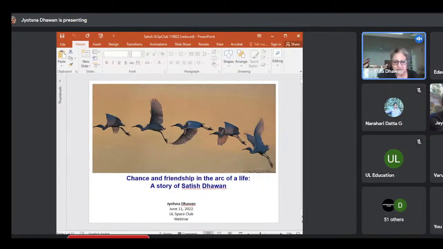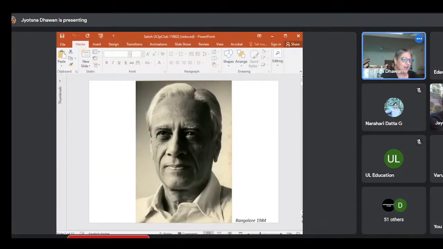So let me tell you this story of Satish. Why do I call him Satish and not Pitaji or some other honorific name? My father actually always signed his letters with his first name. So when we were old enough to leave home and go to college, we started calling him Satish.